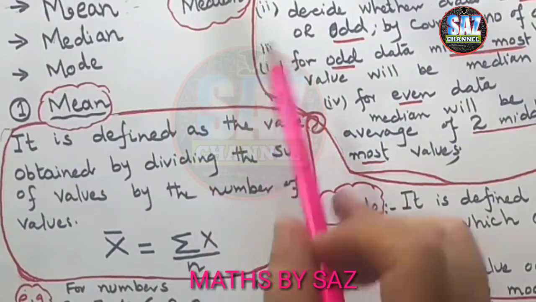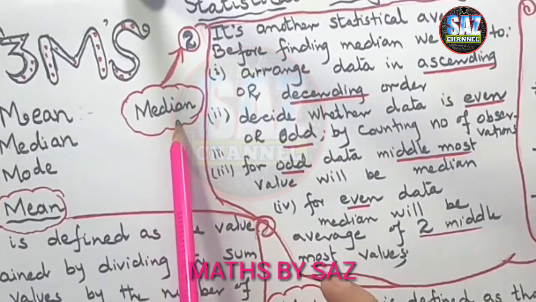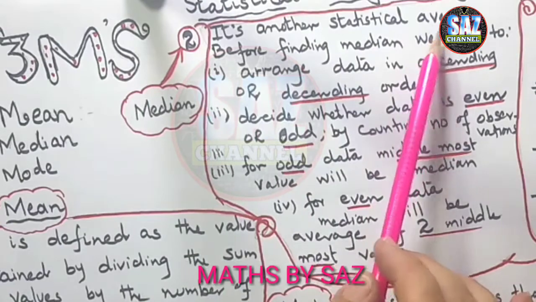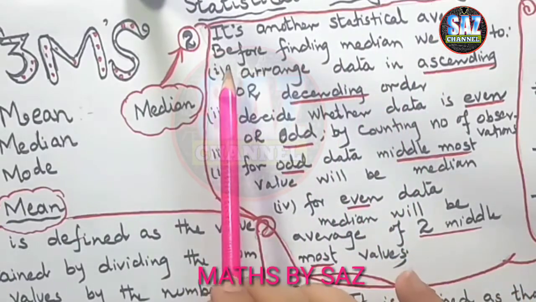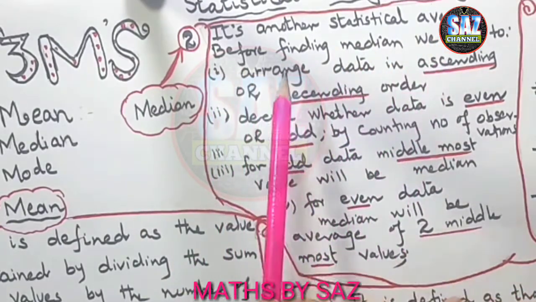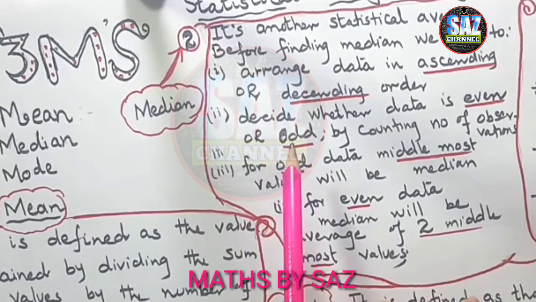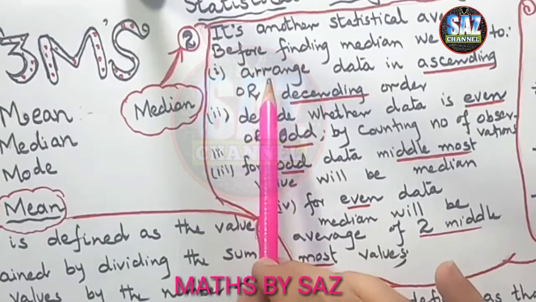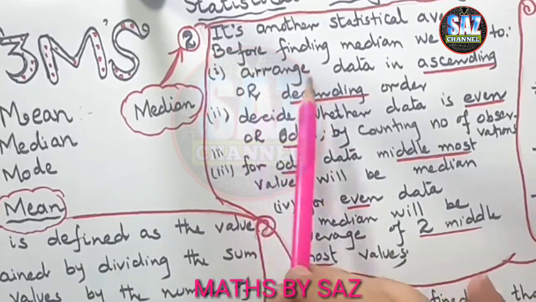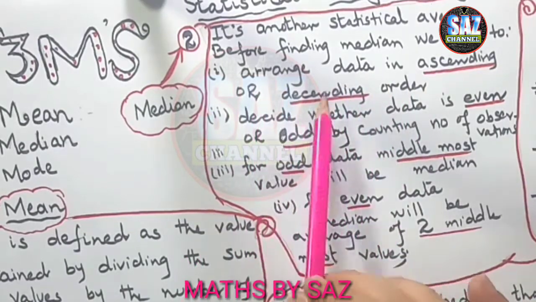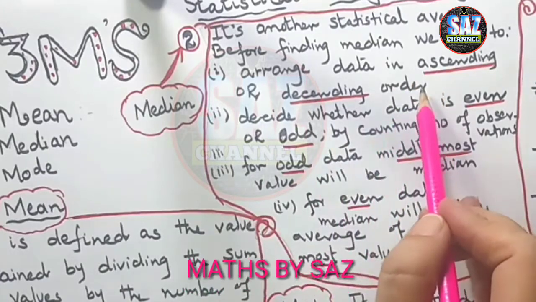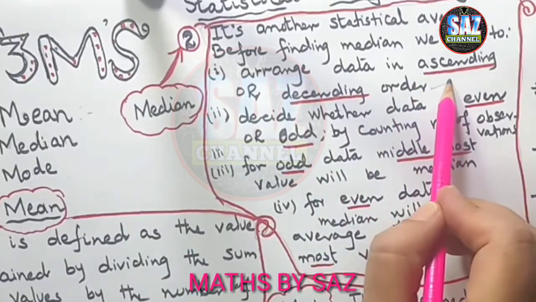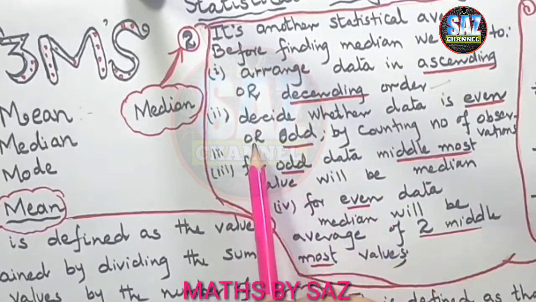The second statistical average is median. It's another type of statistical average. Before finding the median, there are 4 important steps that we have to keep in mind. For median, we have to arrange the data in ascending or descending order, but preferably in ascending order, moving from smallest to largest.